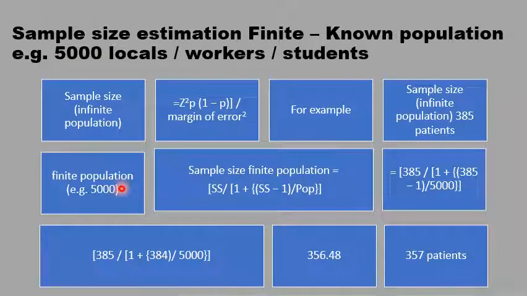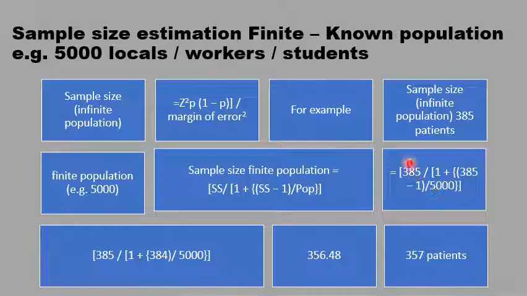So if the finite population is 5,000 and the estimated sample size for the infinite population is 385, we plug this into this equation. This is the sample size for the infinite population divided by a certain entity in here. So we put the 385 in here. This is the required sample size for the infinite population divided by 1 plus, we use this figure 385 minus 1 divided by the number of the finite population, that's the N. This is the 5,000.